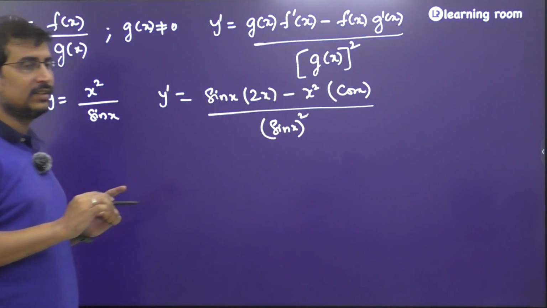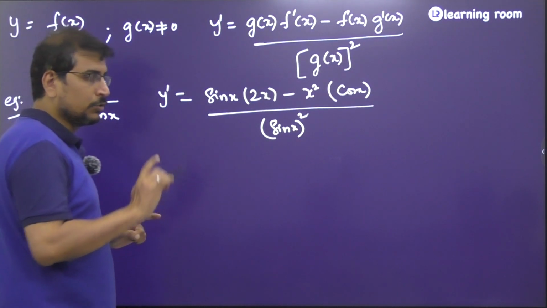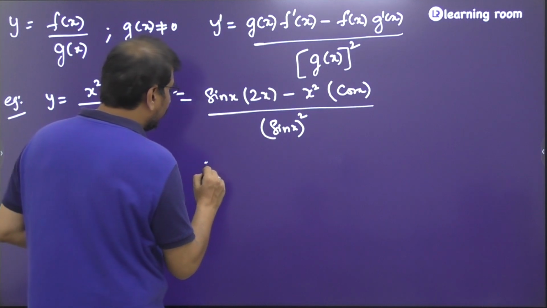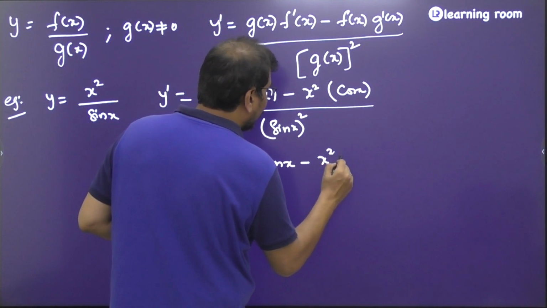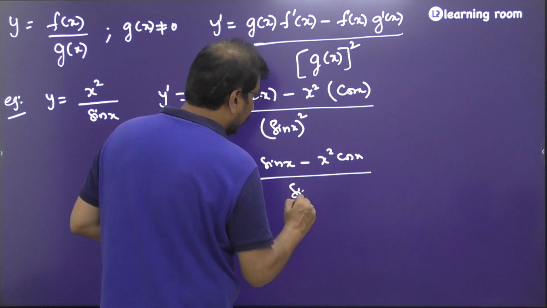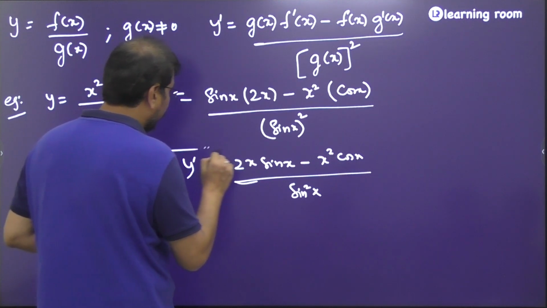Sin x, the whole square is sin square x, not sin x square. You should not square the angle, you should square the function. So this will be 2x into sin x minus x square into cos x, the whole divided by sin square x, which is going to be y dash.